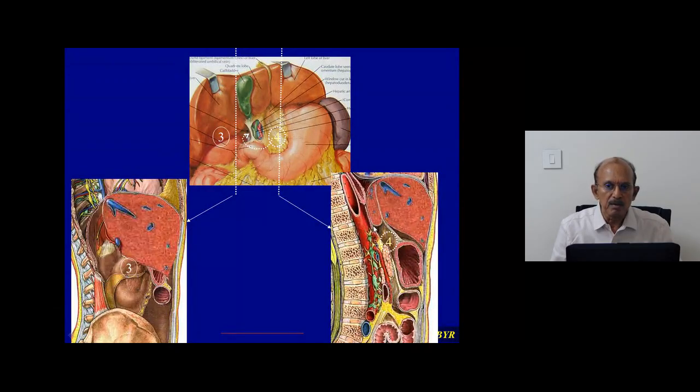So this is the upper border of the liver, and this is the upper boundary of the lesser sac. The posterior boundary of the lesser sac is the aorta, then the pancreas. This is the pancreas. This is the posterior leaf of the greater omentum, the posterior leaf of the transverse mesocolon. Then the greater omentum comes here.